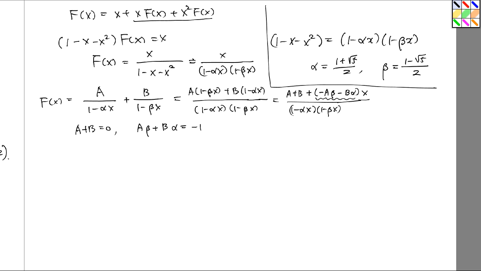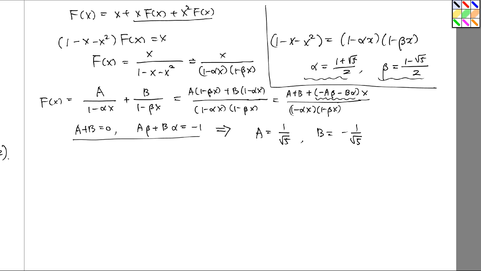If you solve these two equations, you will get A equals 1 over square root of 5, B equals minus 1 over square root of 5. You can just solve this system of linear equations easily, and you get the two solutions for A and B.